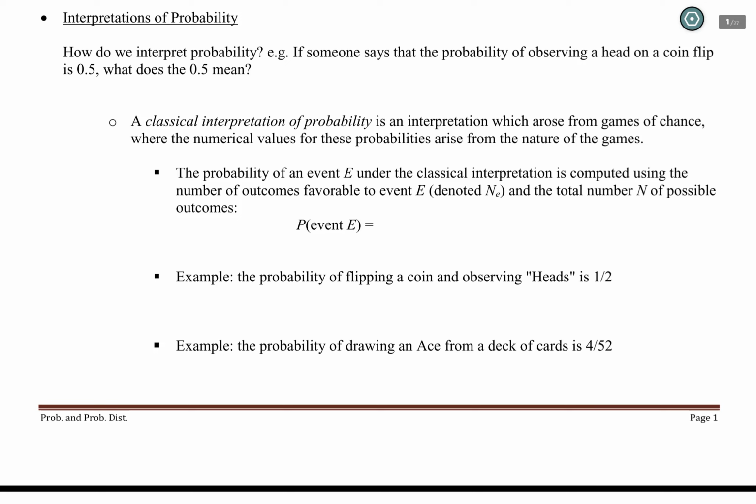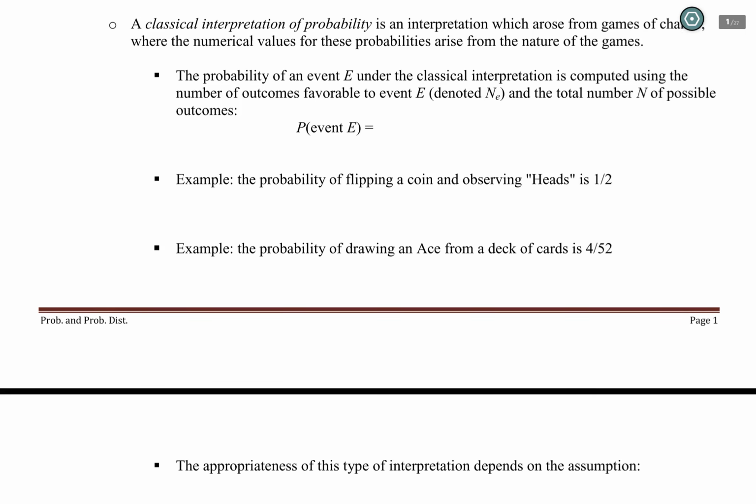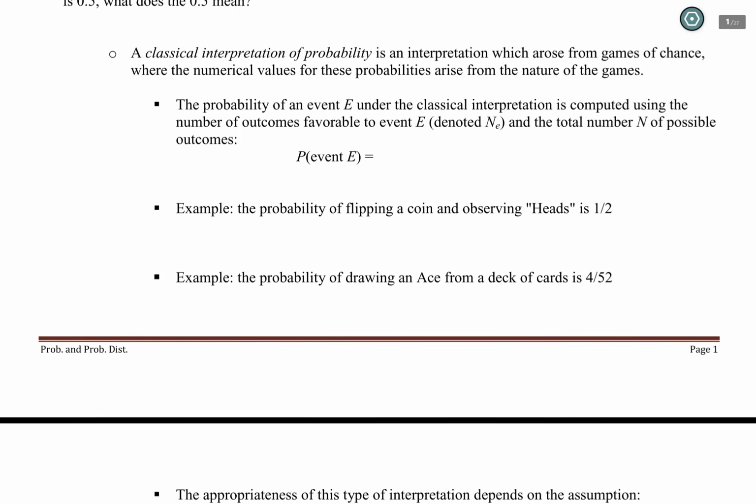This first one here is a classical interpretation of probability, and it's an interpretation that arose from games of chance, in particular gambling games. Much of the theory of probability has its roots in gambling games.